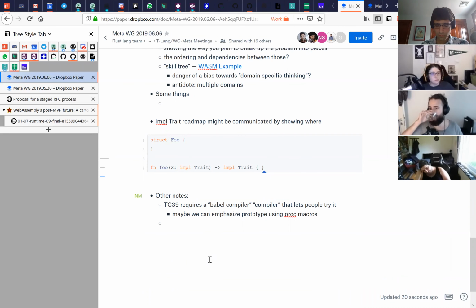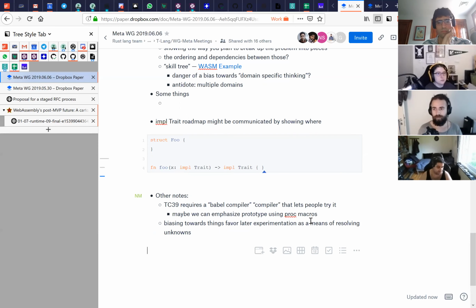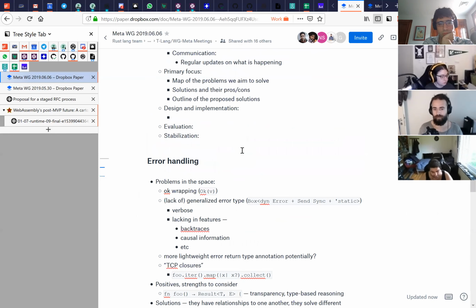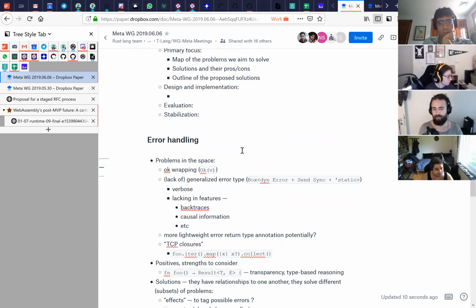And some problems of proc macros are already known, but if you have some sort of syntactic sugar, then it might make sense to just try it out with a proc macro, because proc macros are sort of sugary things, but they're also syntax only things, so they have well-known limits.